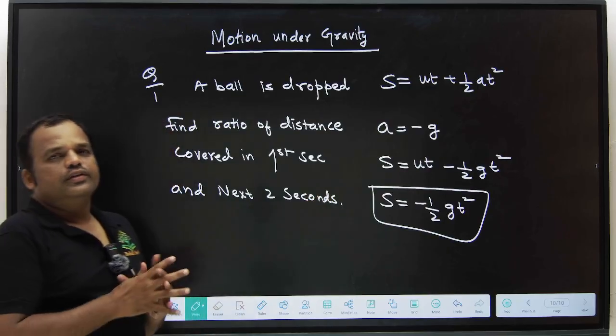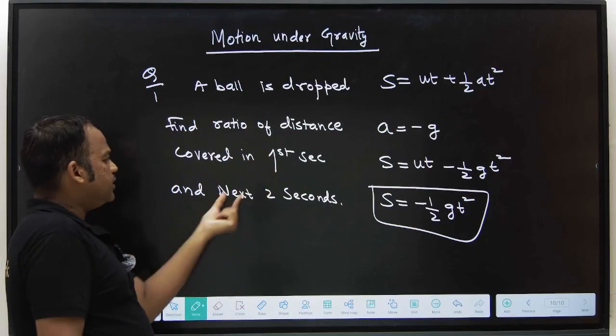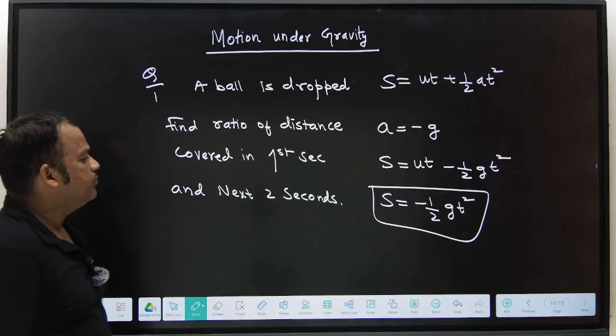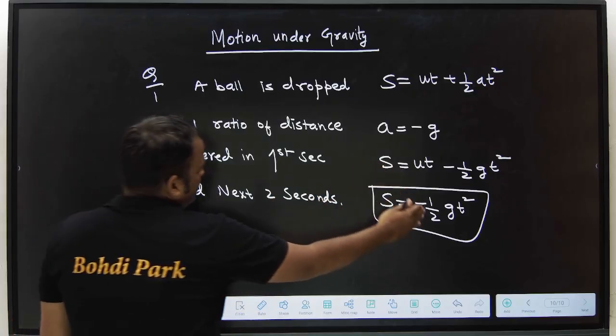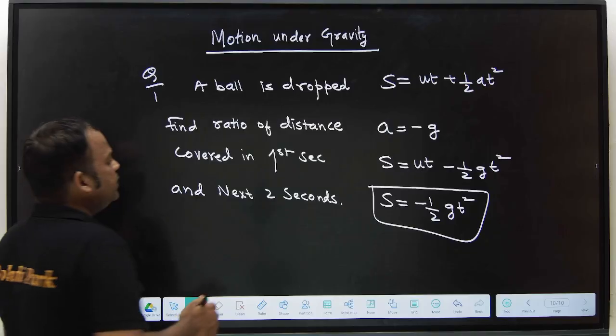What is the ratio of distance covered in the first second and next 2 seconds? So how to solve this question using this short trick, S = minus half gt square.